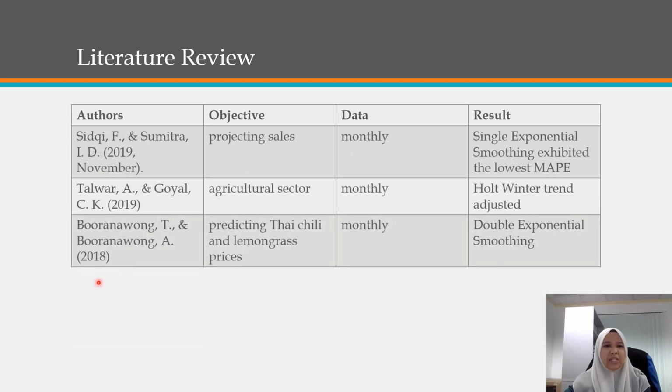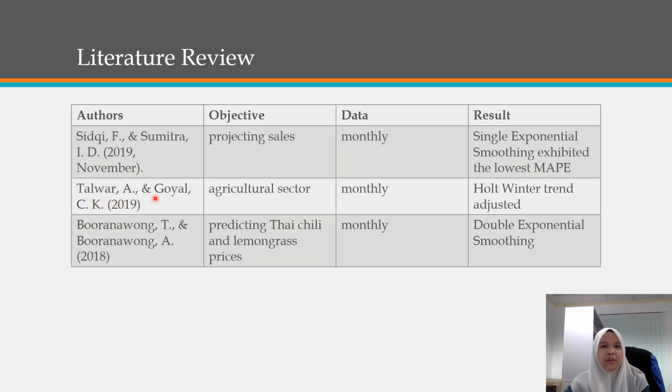These three papers are from a business perspective. Siddiq et al. used single exponential smoothing to predict sales, with monthly data.